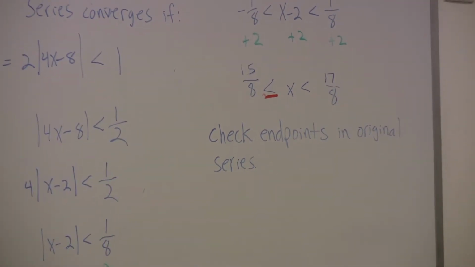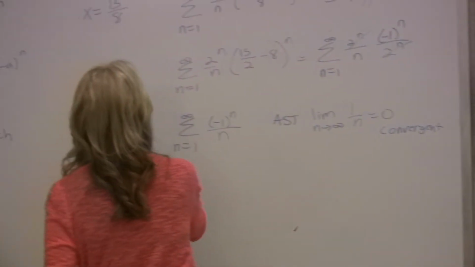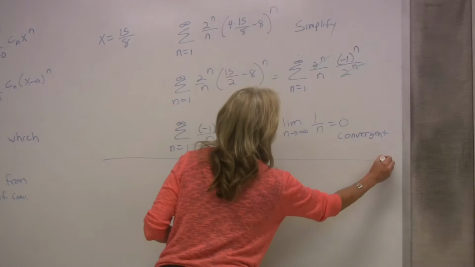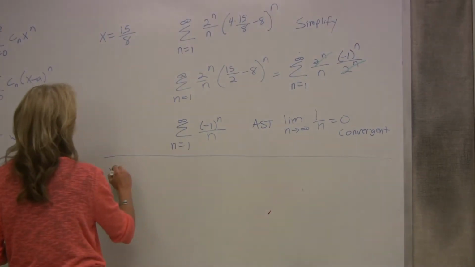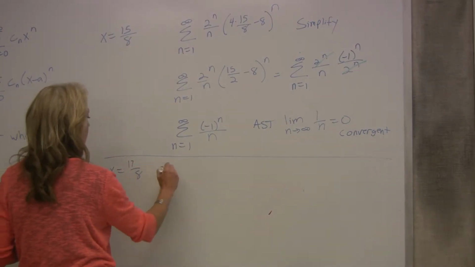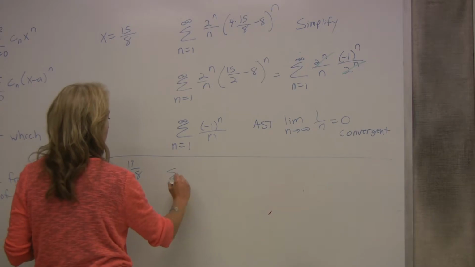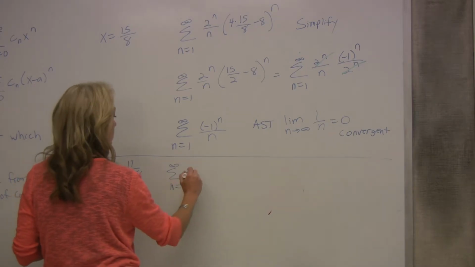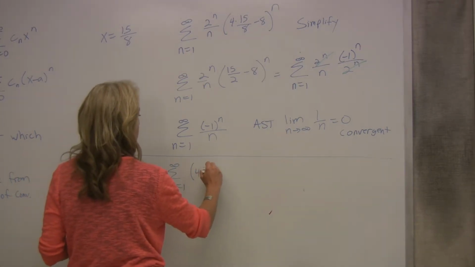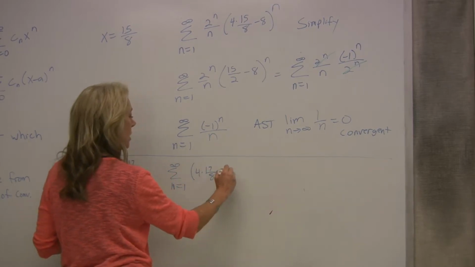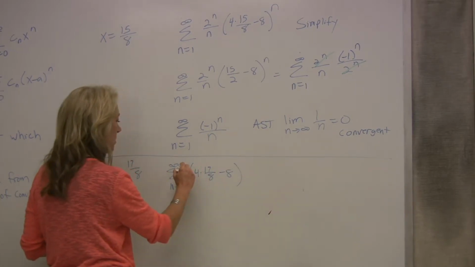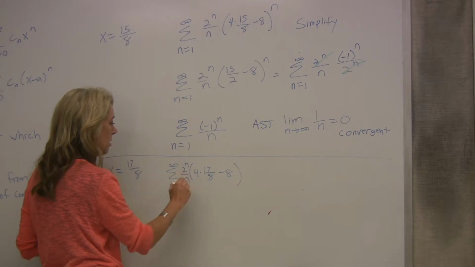And guess what I have to do next? Same thing with 17 over 8. So now, x equals 17 over 8. I'm plugging in 4 times 17 over 8 minus 8. Oops, I left off all the beginning stuff. Let me squeeze it in there.